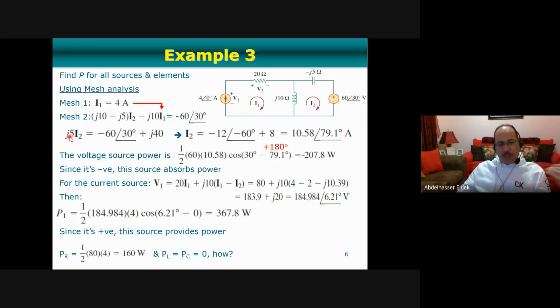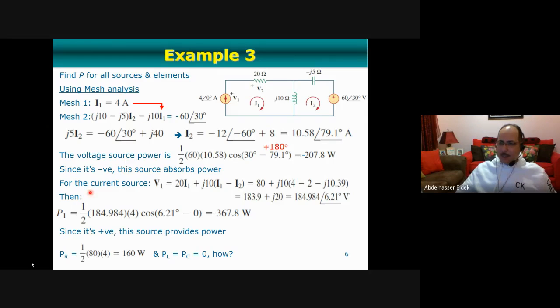And when you divide by J, 1 over J is negative J. It is as if you add a negative 90-degree phase shift for this one and also for this one. But negative J times positive J will be 1. So this will be 8 here.